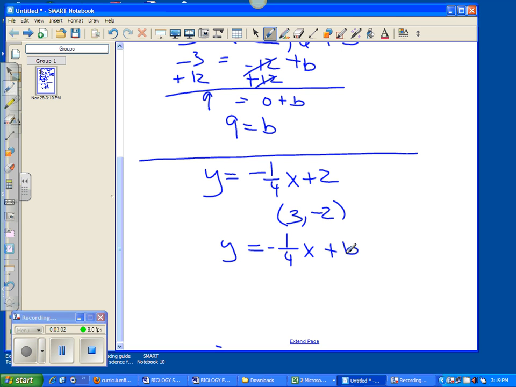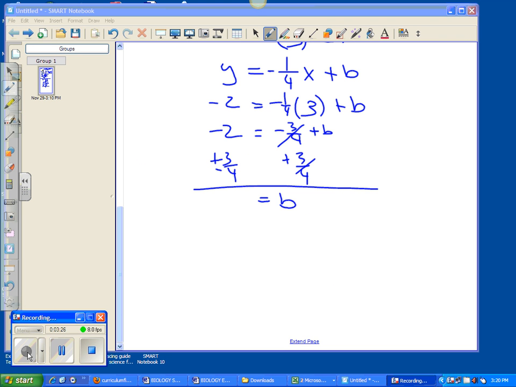We're assuming that this is not the same exact line. Remember that this is x and this is y. Therefore, all we need to do is substitute the x here by 3, times -1/4, plus b, and substitute the y, which in this case is -2. We'll work through this problem.